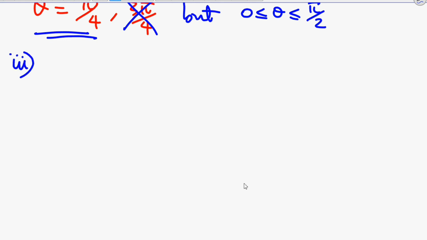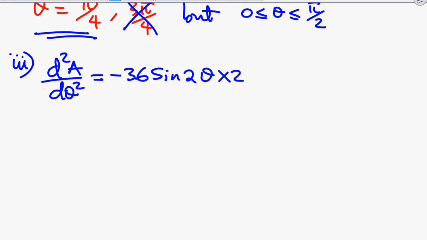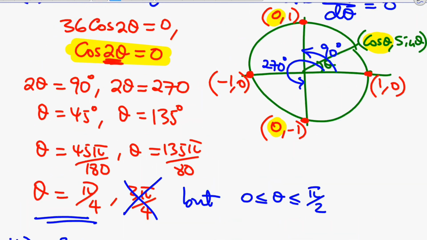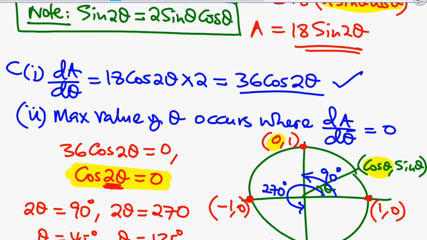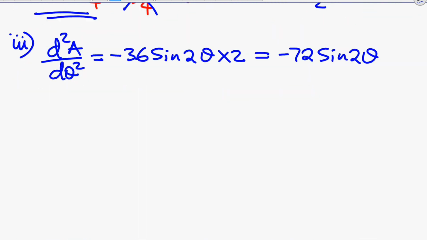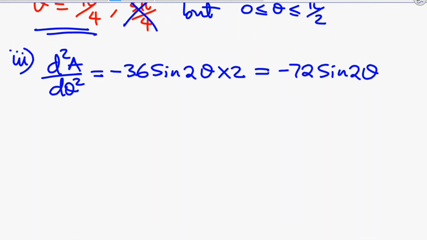The second derivative will be equal to negative 36 sine 2 theta multiplied by 2, which will give us negative 72 sine 2 theta. If you differentiate that first derivative, you should be able to end up with what I have here.